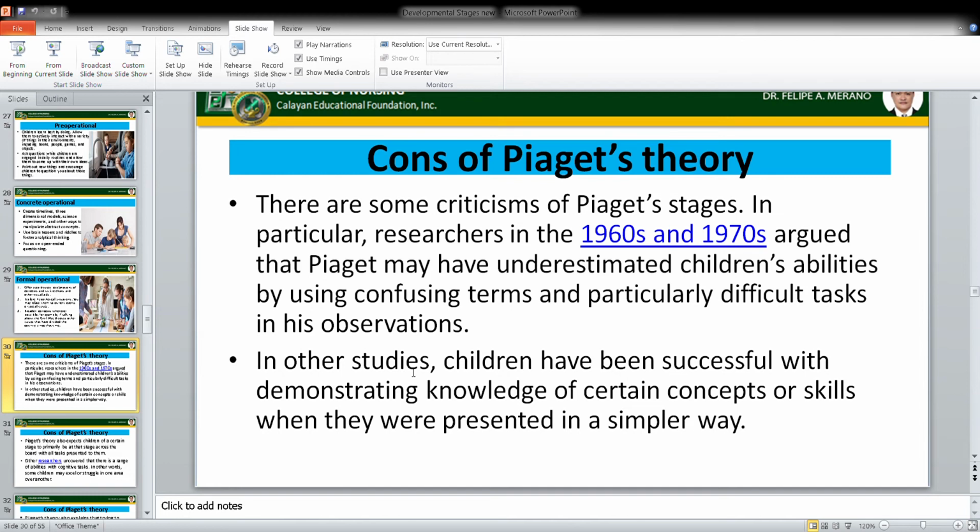So it means that Piaget's observation is not enough because of the underestimated children's abilities, and some of them are confusing in terms. In other studies, children have been successful in demonstrating knowledge of certain concepts or skills when they are presented in a simpler way.